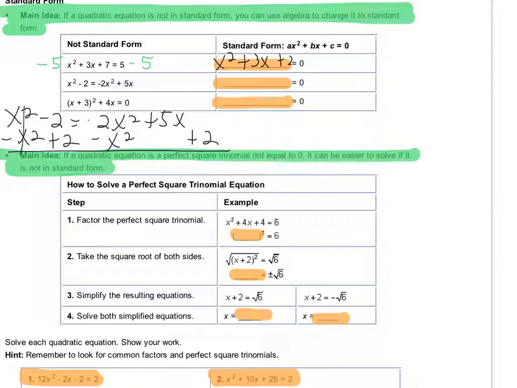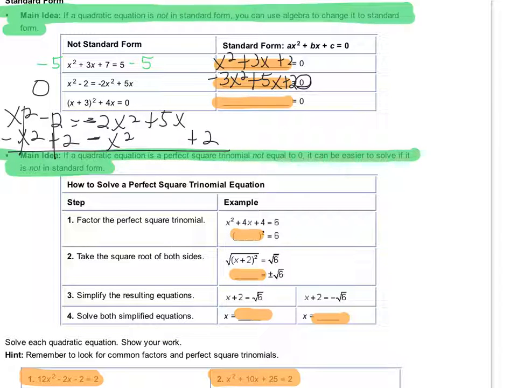So what's going to happen? These are going to cancel out. It's going to be 0. So that's my same 0 that I have here. And it's going to be negative 2x squared minus x squared, which is negative 3x squared. And then we have the same 5x plus 2. Can't put those together because they don't have like terms.